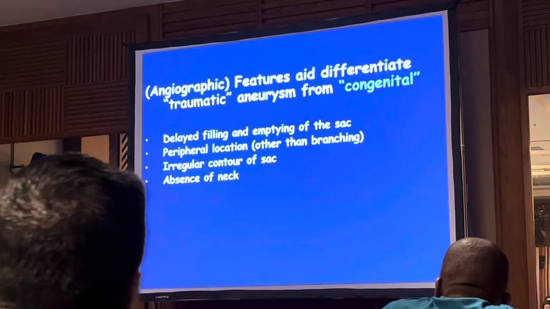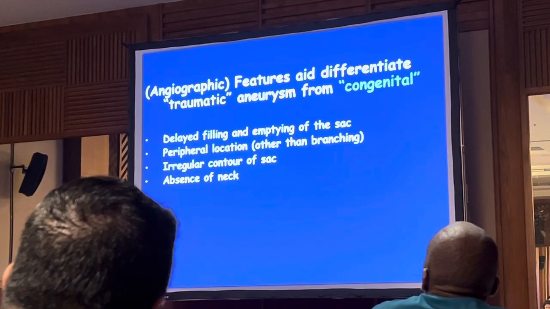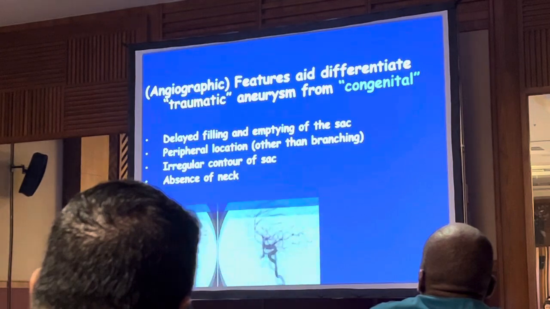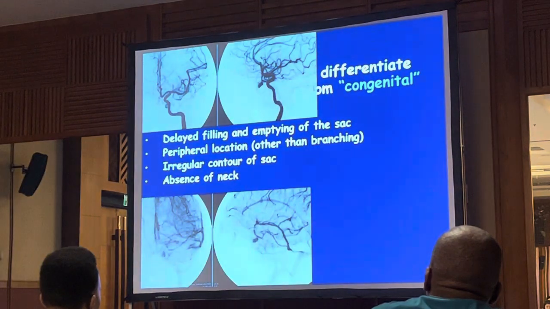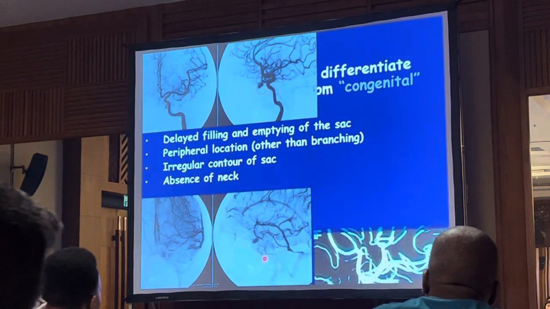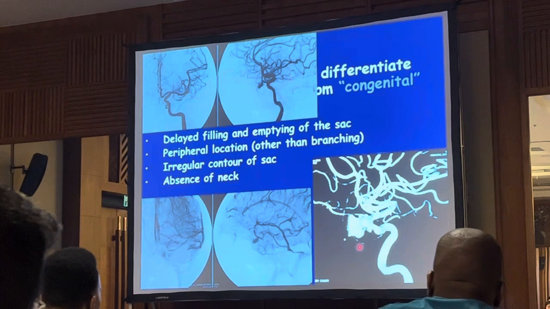Let's remind you that there are angiographic pictures of the false aneurysm from other type of aneurysm, that you have delay filling and emptying of the sac. You can still see this until the venous phase there, and the shape is usually irregular and usually wide neck or absence of the neck.